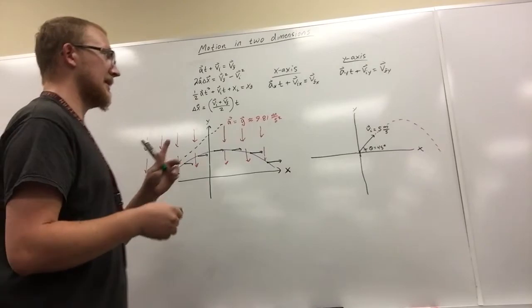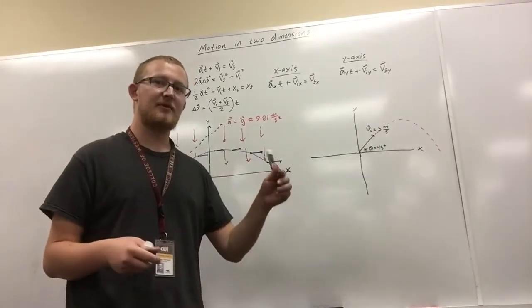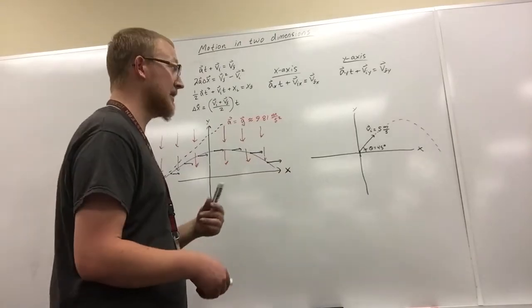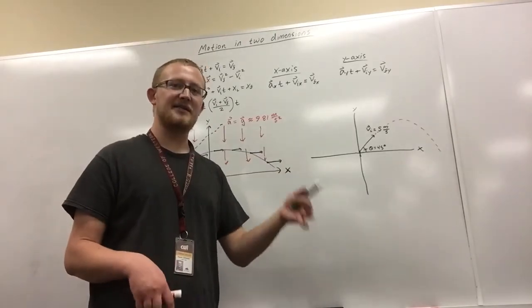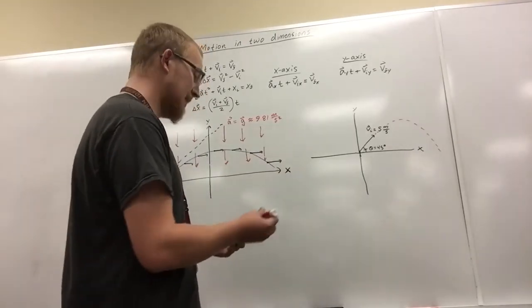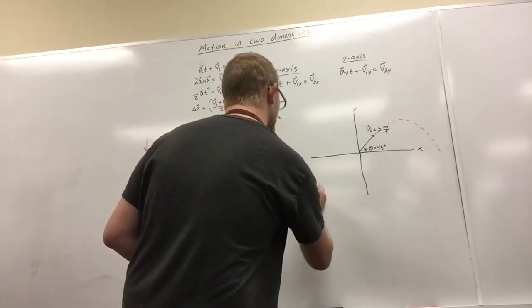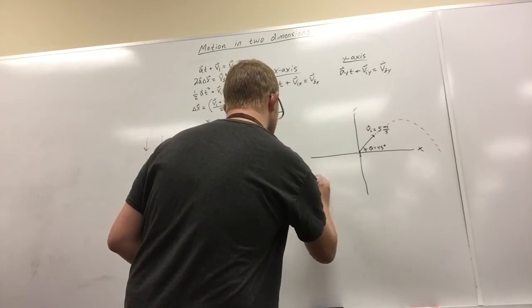It's important at first, because remember, x is not affected by gravity, y is affected by gravity. So we want to separate the x's from the y's. I'm going to draw this velocity right here. It's 5 meters per second.